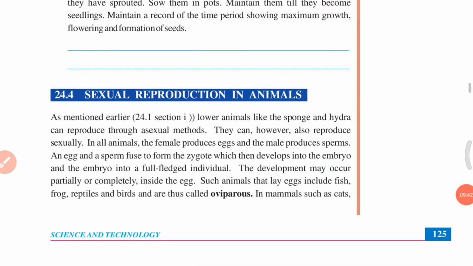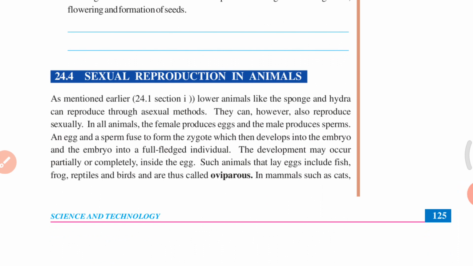Now we are going to discuss sexual reproduction in animals. All the animals other than some lower animals reproduce sexually. In sexual reproduction, two individuals are compulsory. The female body receives sperm from the male, which fuses with the ovule from the female body, and a zygote is formed in the female body.